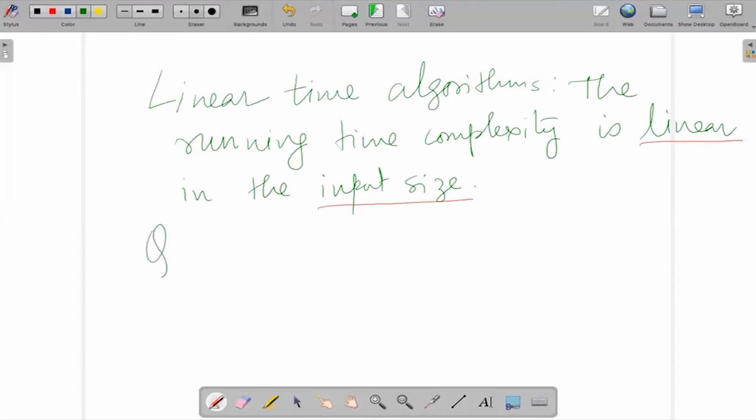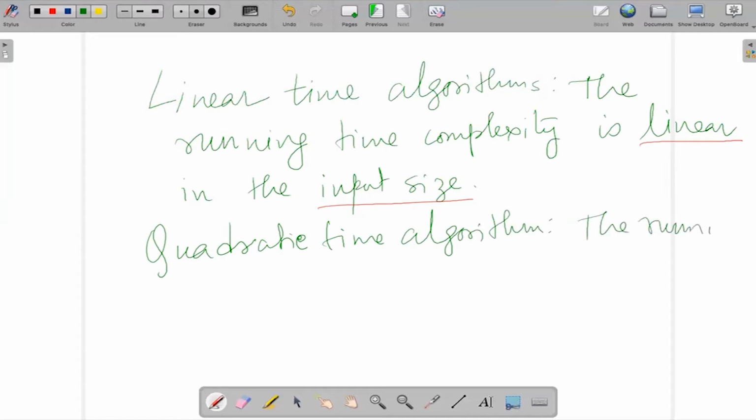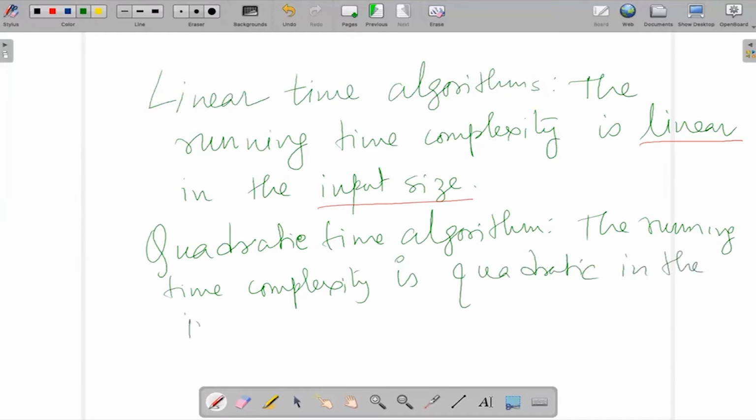Likewise, you can define a quadratic time algorithm as one for which the running time complexity is quadratic in the input size.